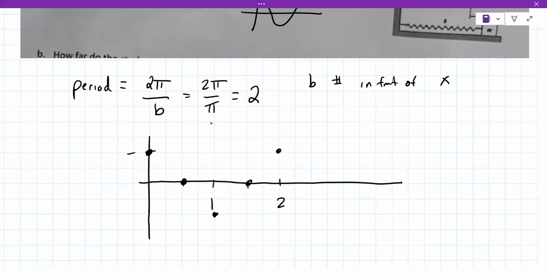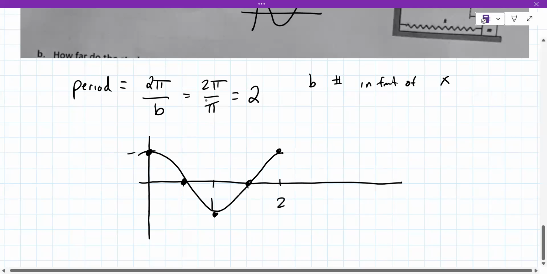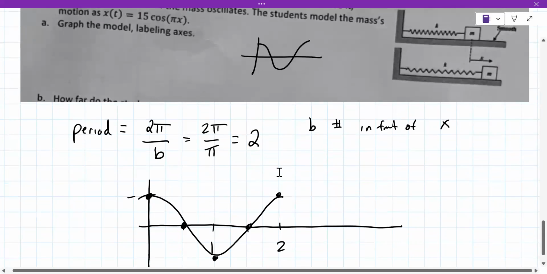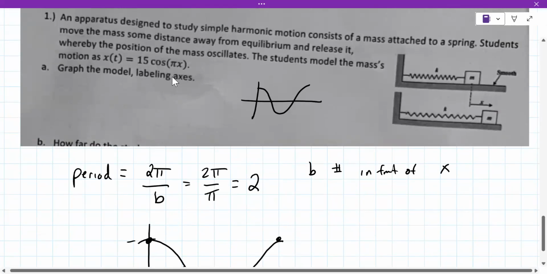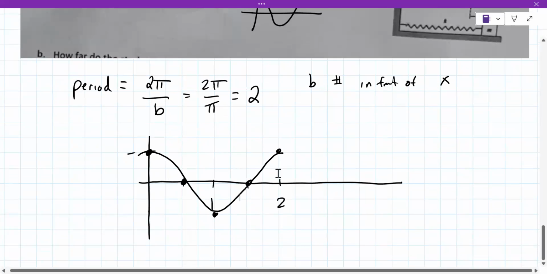This was covered in a previous part of the course, hopefully, or course last year. And it keeps going forever. You don't have to graph it forever, but you might want to check with your instructor how many periods to graph. Sometimes they say graph 1 period or graph 2 periods and so on.